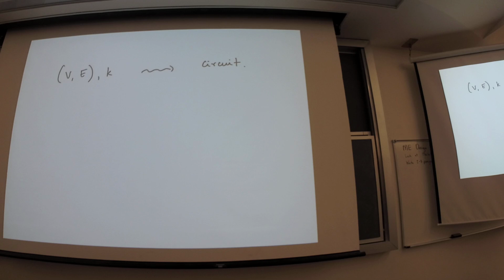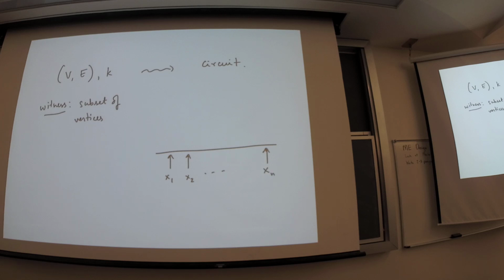Here we know that the witness is a subset of vertices. So you can use this intuition to come up with a circuit that basically has as inputs some x1, x2 up to xn.